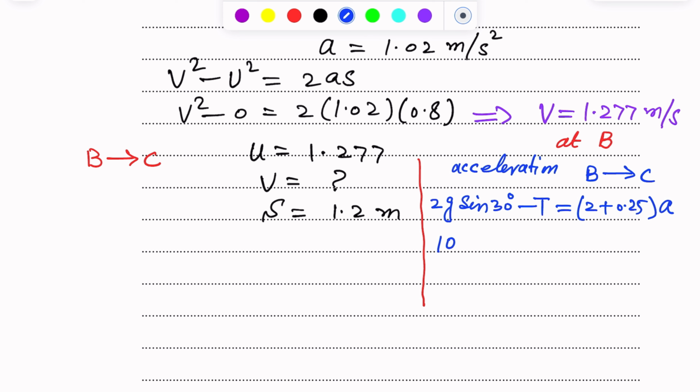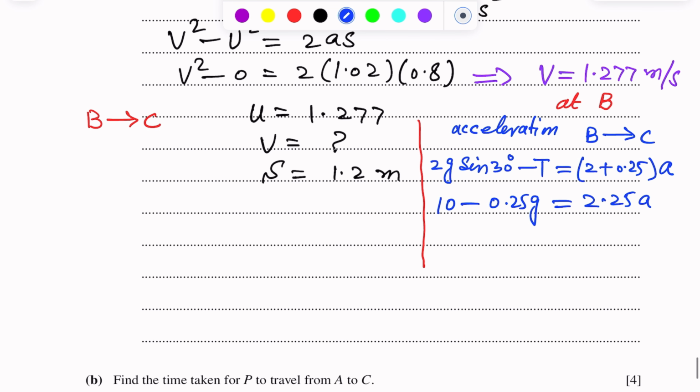So we can write 2g sine 30 is 10 minus T is 0.25g, the weight of particle Q, is equal to, now we are adding these two, this will become 2.25a. 0.25g becomes 2.5. 10 minus 2.5 is equal to 2.25a.